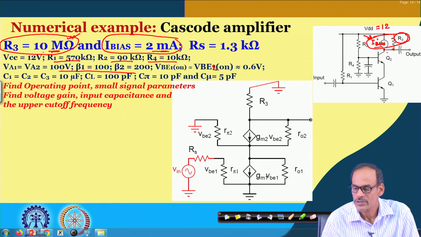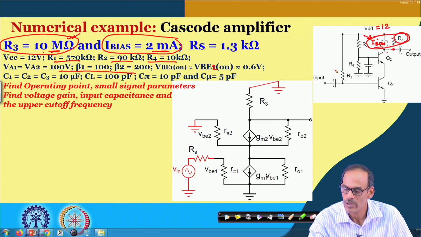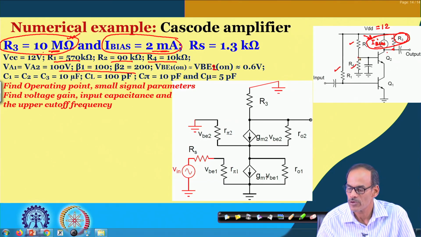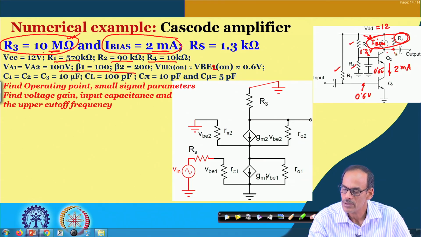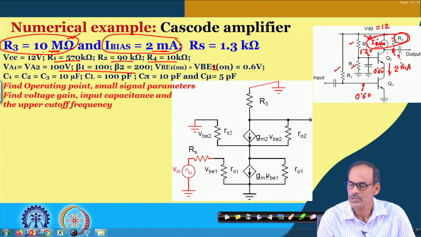So, what we expect from the lower side, based on the resistances R 2 and R 4, is that the quiescent current flow here is 2 milliampere. The voltage here is 0.6 volt DC. The voltage here is 1.2 volt. So, the voltage here is 0.6 volt, and for the voltage coming here, of course, we have to see what the corresponding voltage will be.